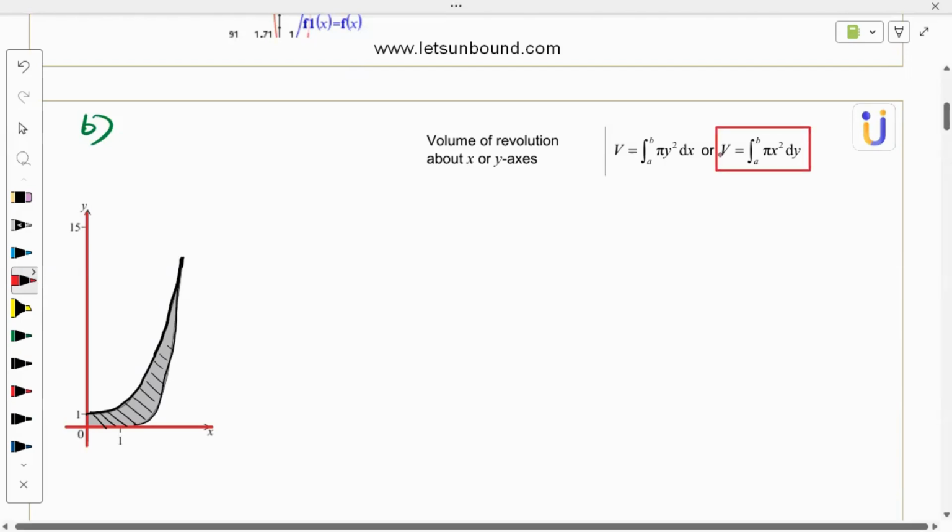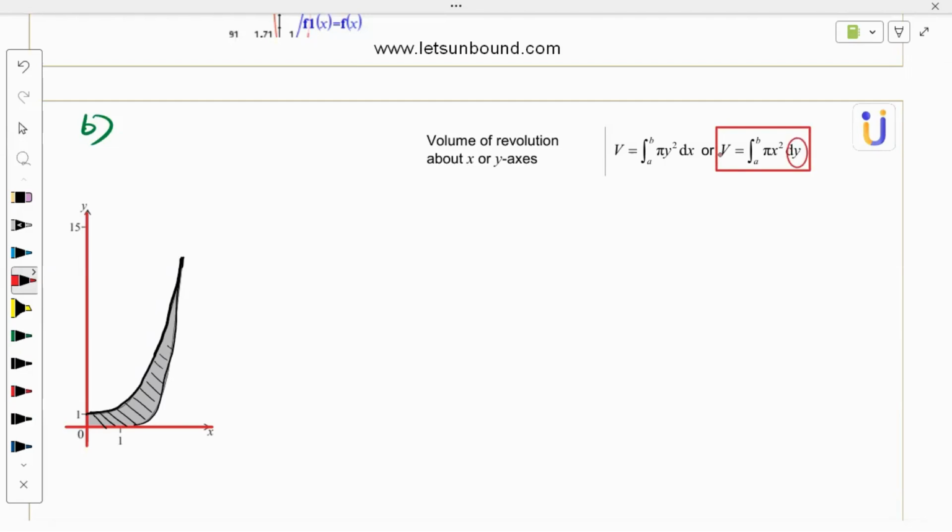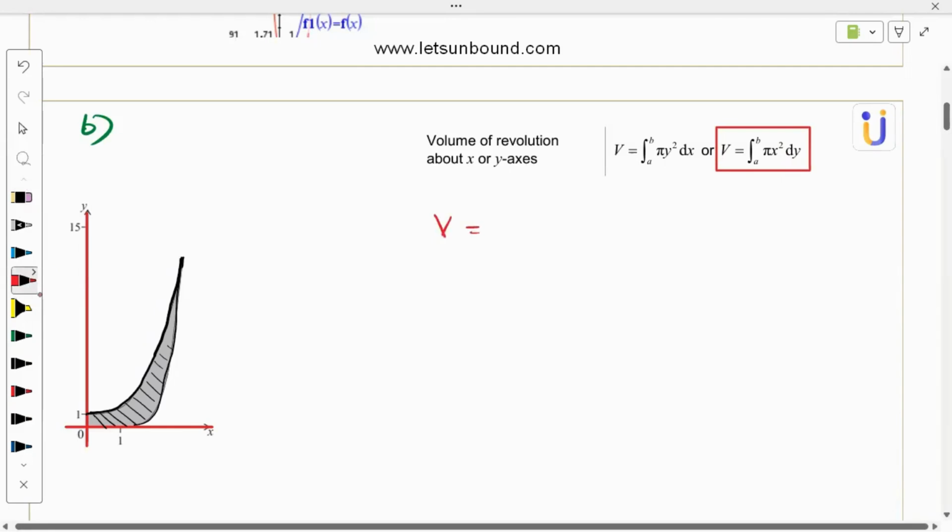If the revolution is about the y-axis, you should have the slices along y, so dy should be there, correct? So for the volume, first you find the formula from A to B. Let me take pi outside, x squared dy. Now what is x squared? I know f of x and g of x, but which function has to be used?